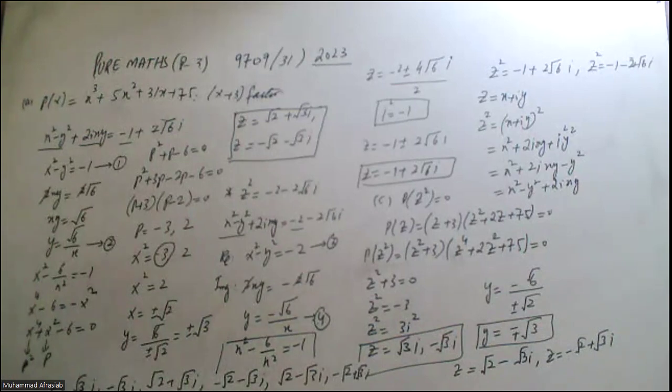So these are the possible answers for this question, where P of z square is equal to 0 for this solution there.